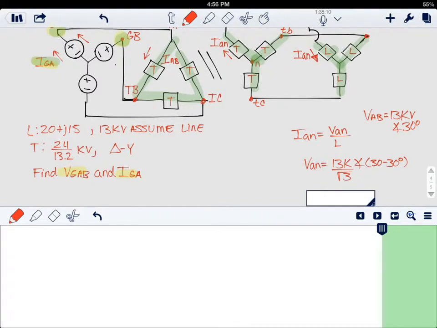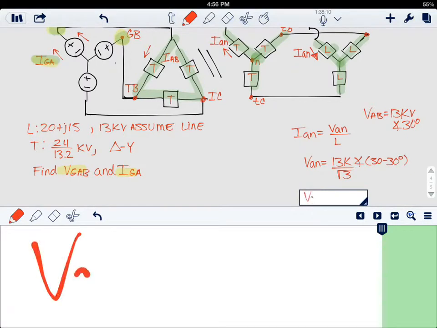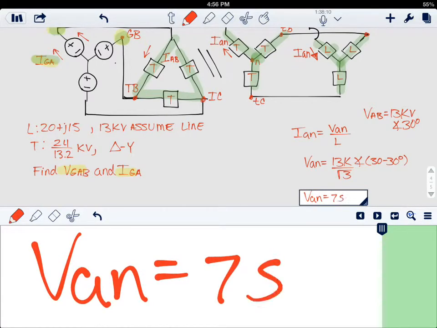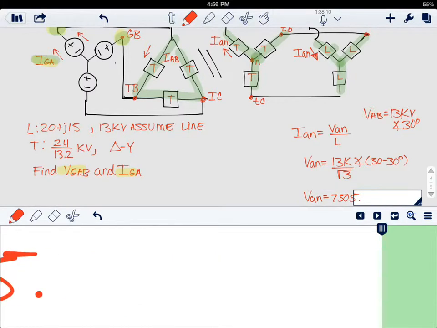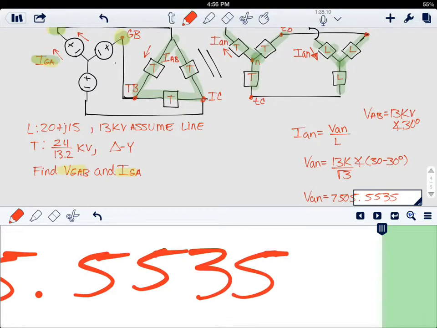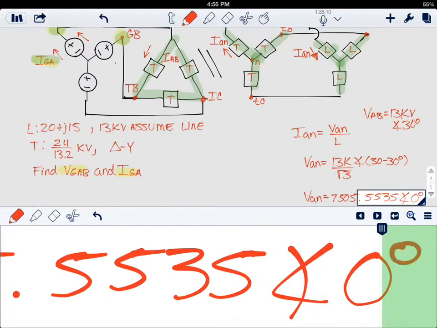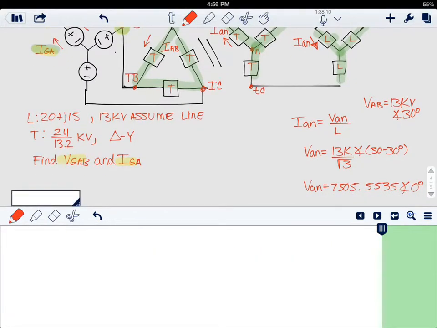This will give us 13,000 divided by the square root of 3, 7,500 volts, and 0 degrees angle.